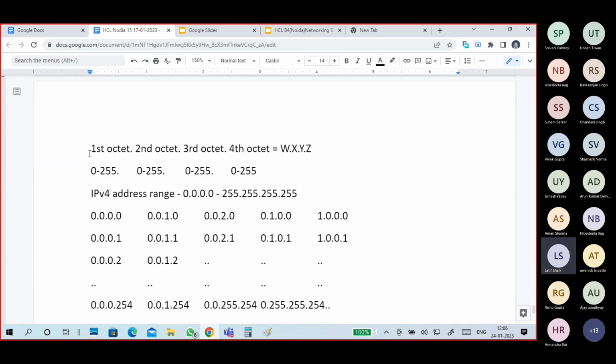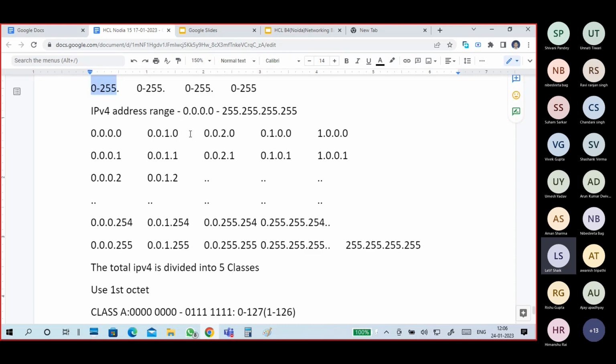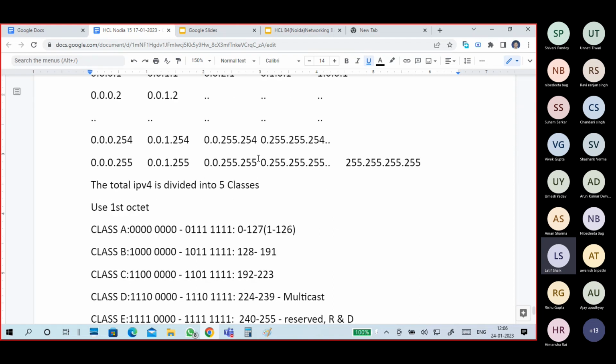We have 4 octets: first, second, third, fourth octet. We can also represent them as W.X.Y.Z. Each octet's maximum is 255. The total IP address range is 0.0.0.0 to 255.255.255.255.